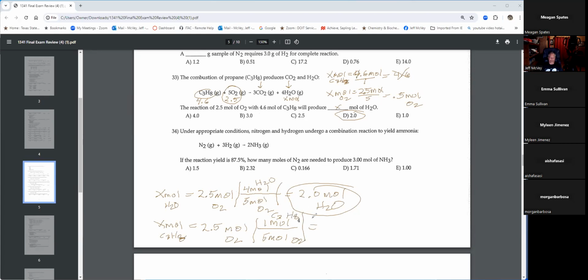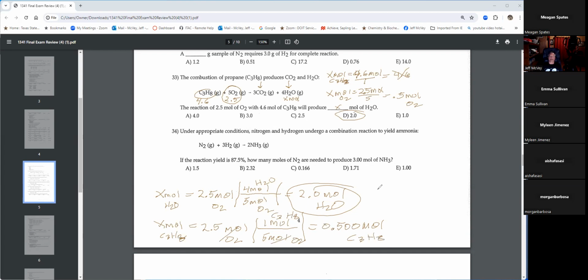Not going to use very much. 2.5 times 1 divided by 5 says, because moles of O2 cancel, I'm really only using 0.500 moles of C3H8.